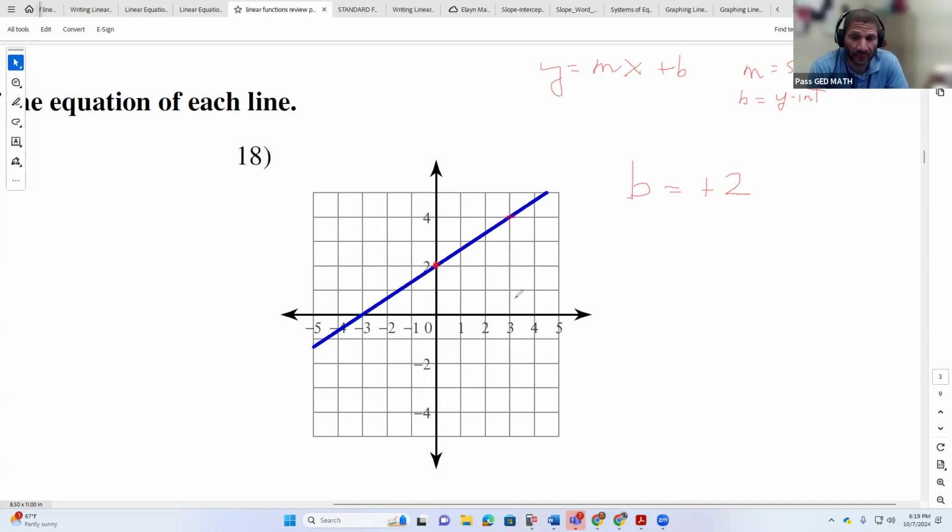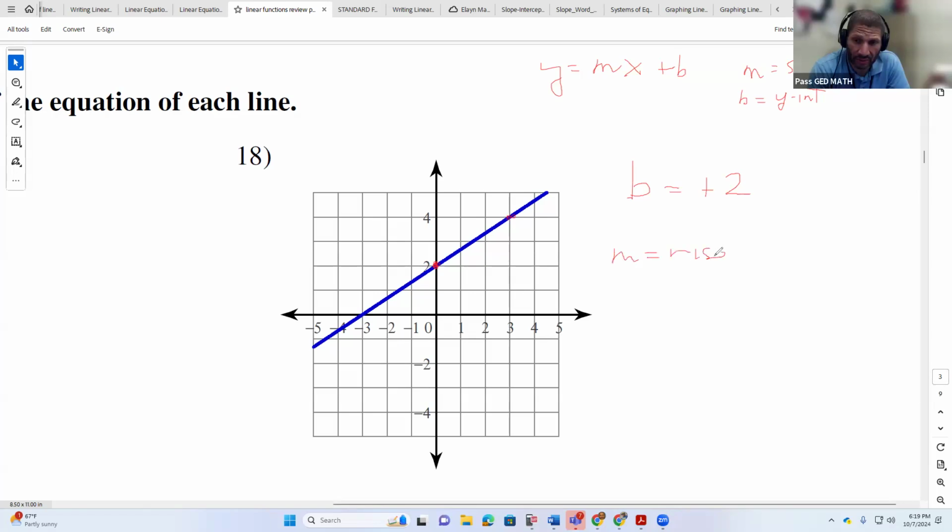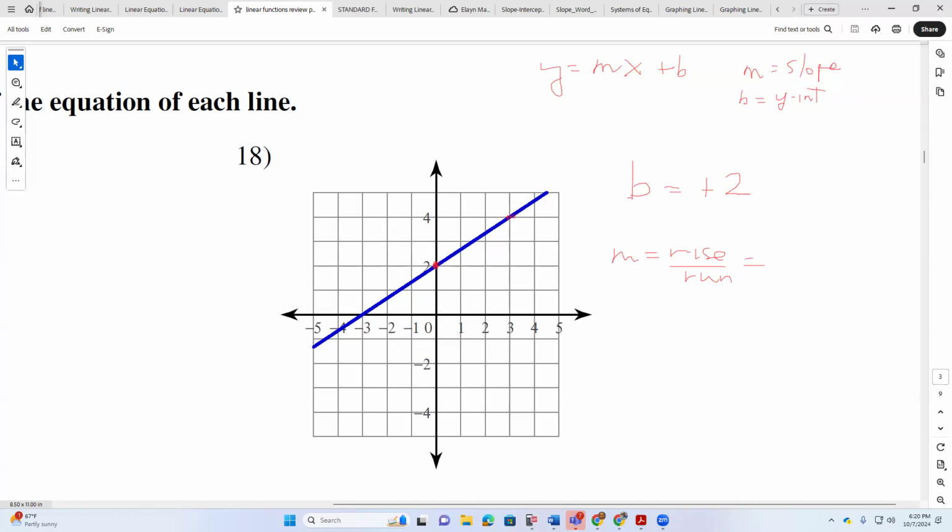Understand that? Okay. So now the slope is equal to rise over run. I'm starting at that first point, the y-intercept at +2. In order to get to that second point, I have to do my rise first. So do I need to go up or down? Up. Count with me. How many do I need to go? 1, 2.